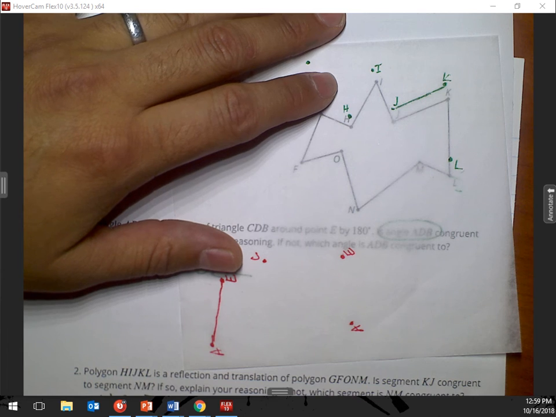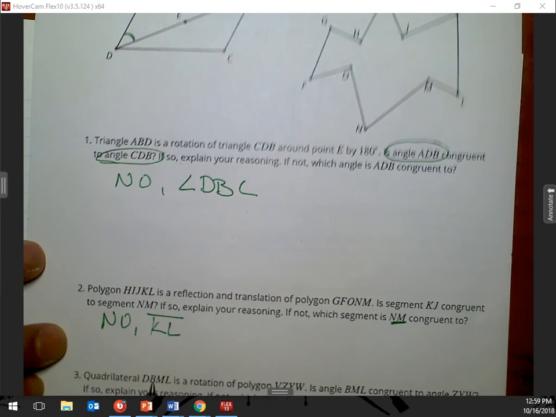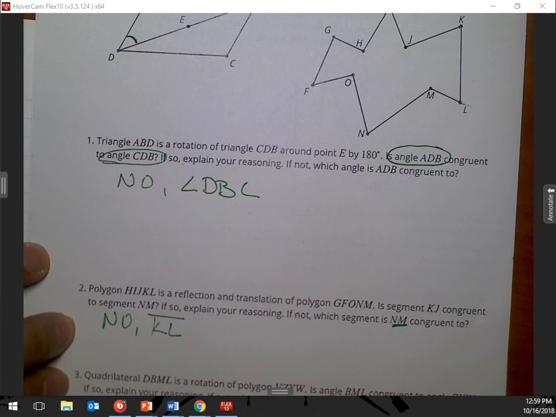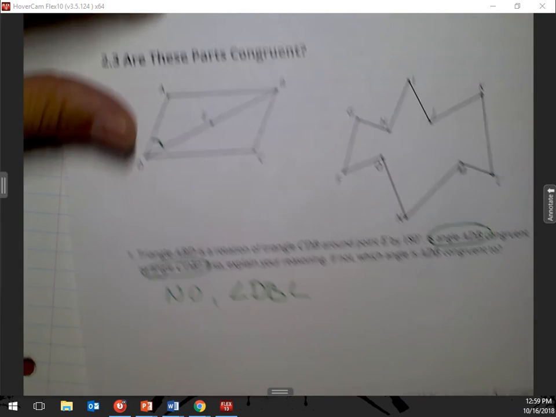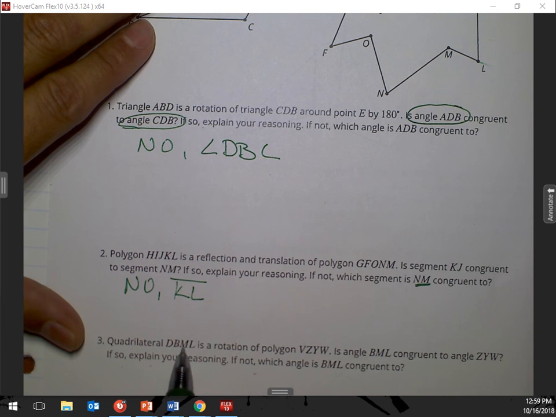Alright, so let's see. Quadrilateral. So that means we're back to this one right here. Quadrilateral has 4 sides. DBML.